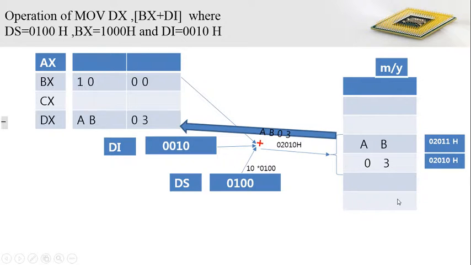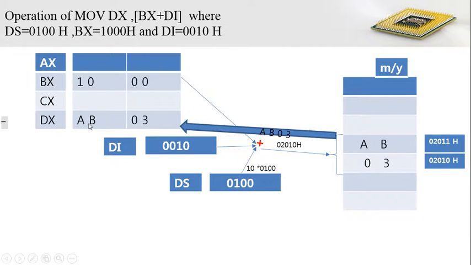In the memory, move to that particular location and consider the data available in 2 consecutive bytes starting from that particular address location, and it is 03AB. So transfer this information to our destination register. Destination register, here it is DX. So in DX, first move this 03 to the lower byte and next AB to the higher byte.